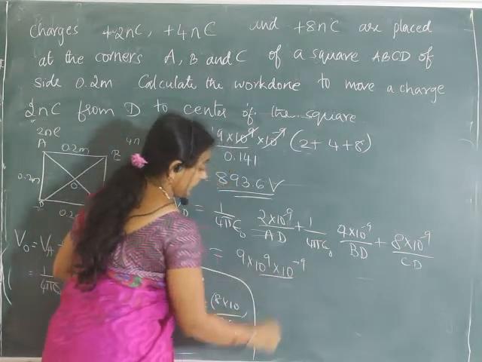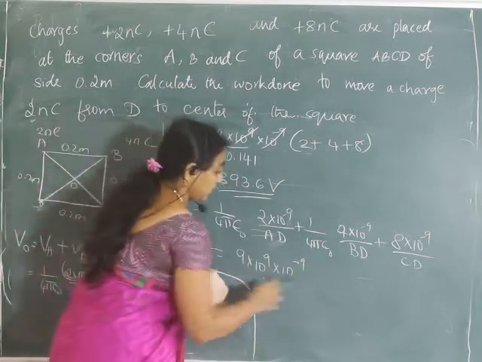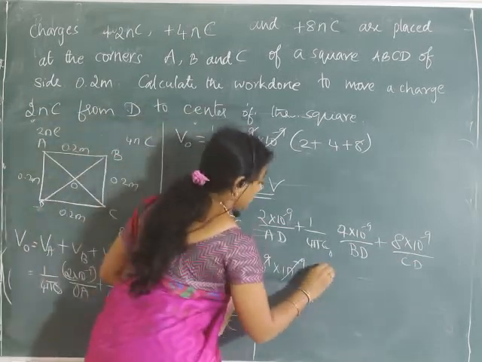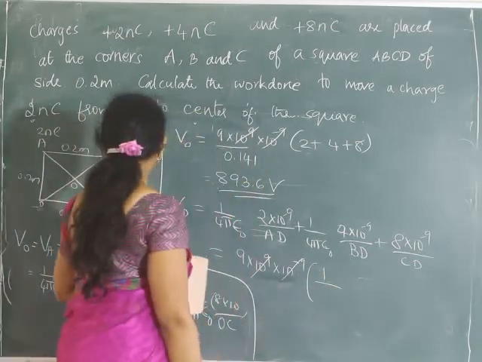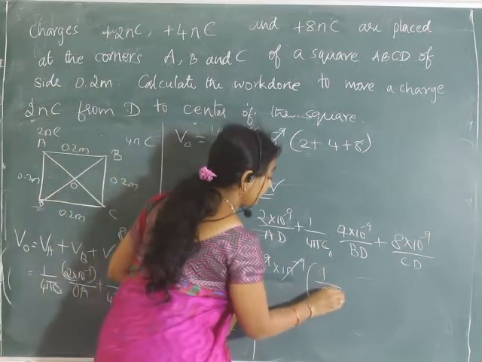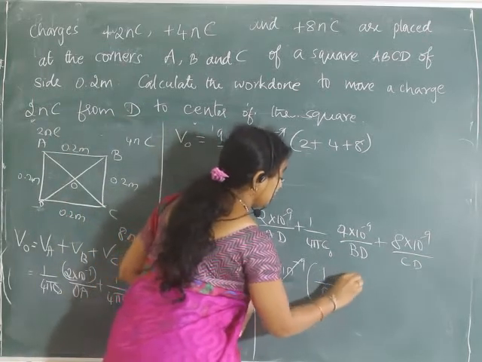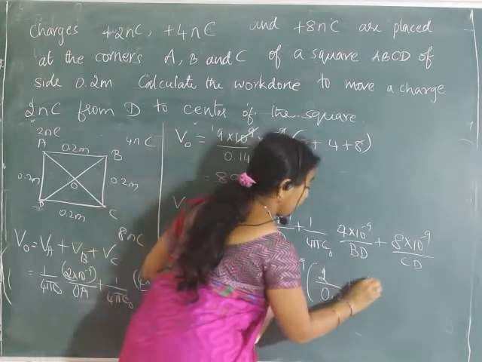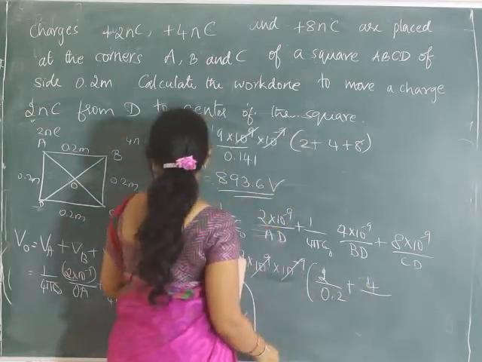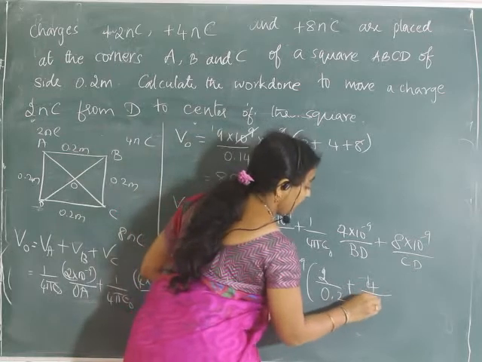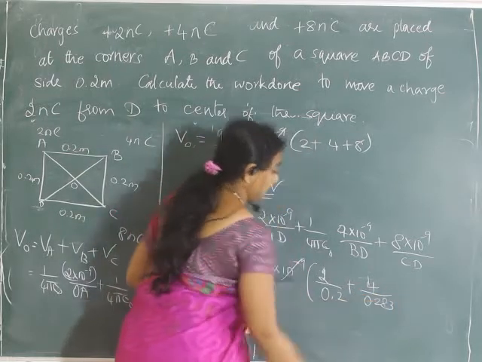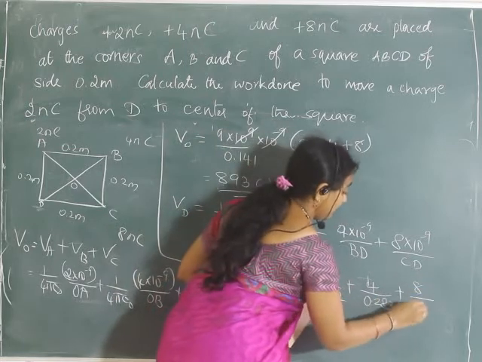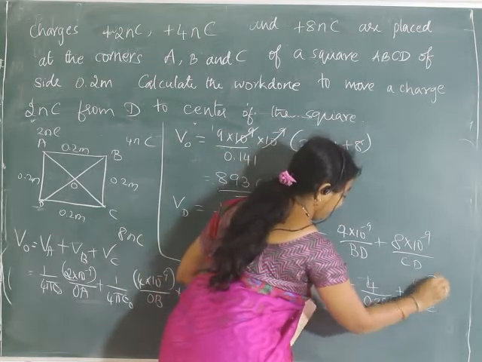9 into 10 to the power 9 into 10 to the power minus 9 into 1 by AD, 2 divided by 0.2, plus 4 divided by BD, 0.283, plus 8 divided by 0.2.